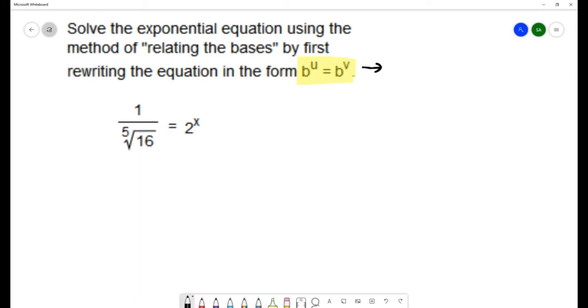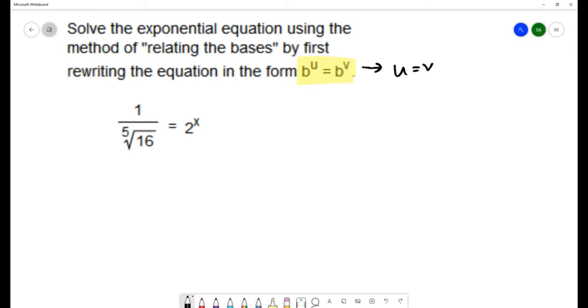That property says if the y values are the same, the x values are the same. And so I can conclude that if b to the u equals b to the v, then u must equal v. So when the bases are the same, the exponents must be equal to each other.